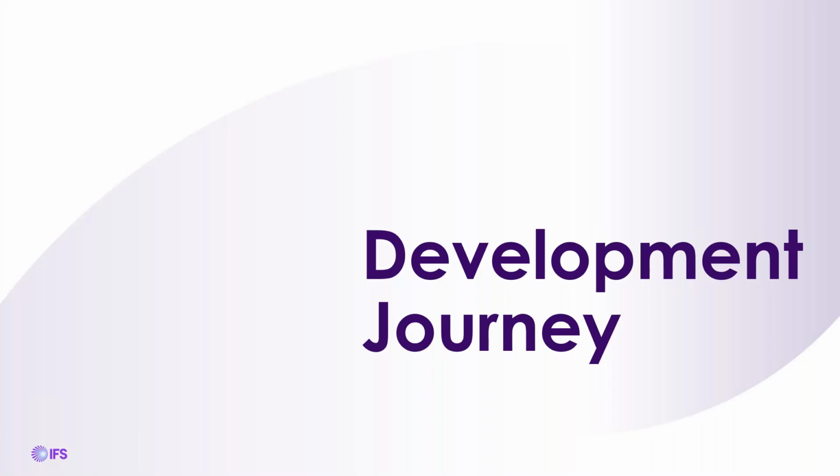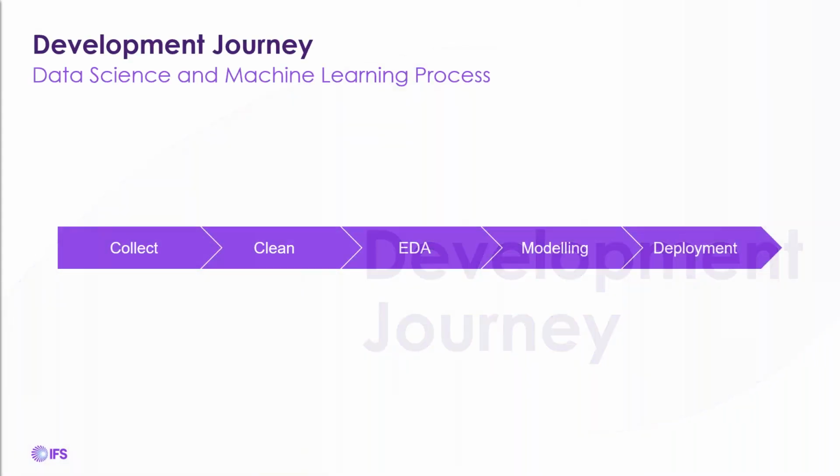Thanks, Jayson. At this stage, we're really at the point before going into production. The development journey for data science and machine learning is an iterative process that we go through to get a better understanding of the problem and find the best solution, which in this case would be the best algorithm for the given use case.